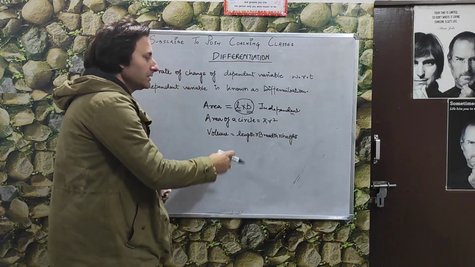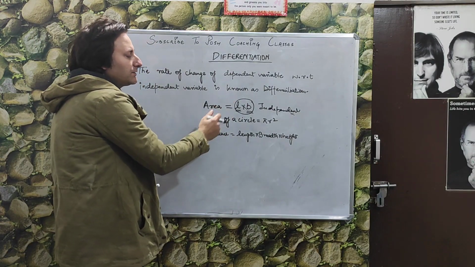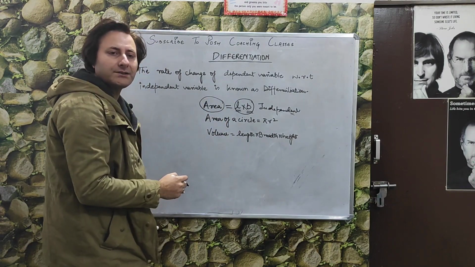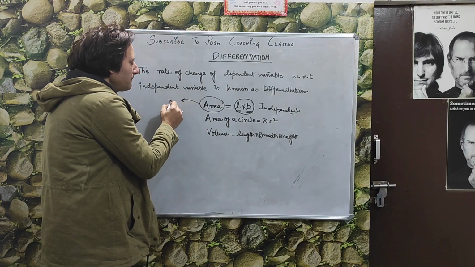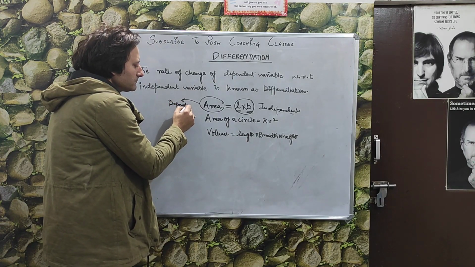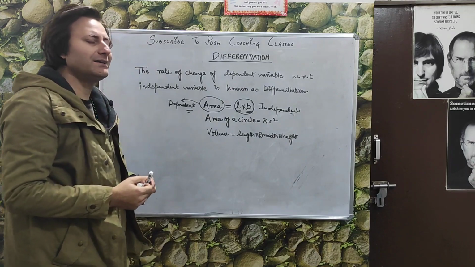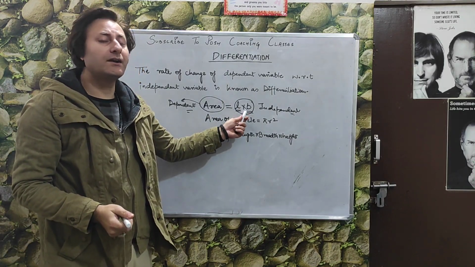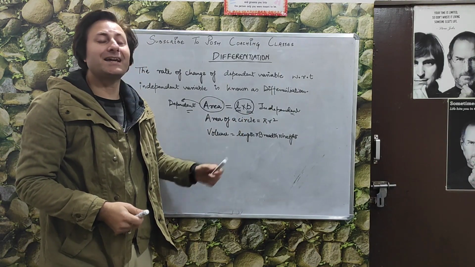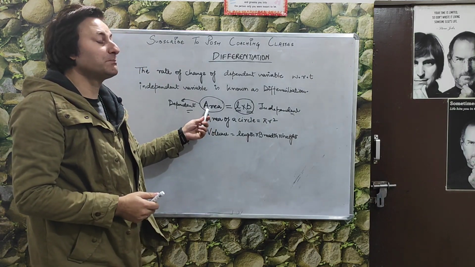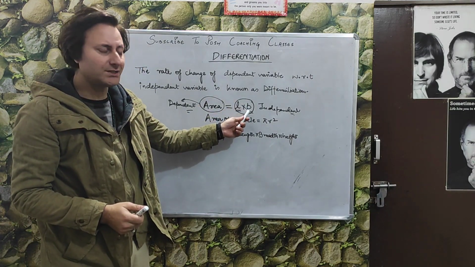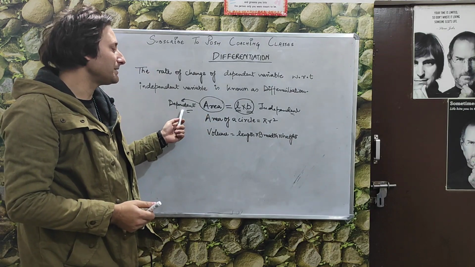And what happens? If there is a change in the length and the breadth, this also changes. So this becomes dependent. These are independent because they can be anything, and this is dependent on these two things. That is the reason we call it dependent.